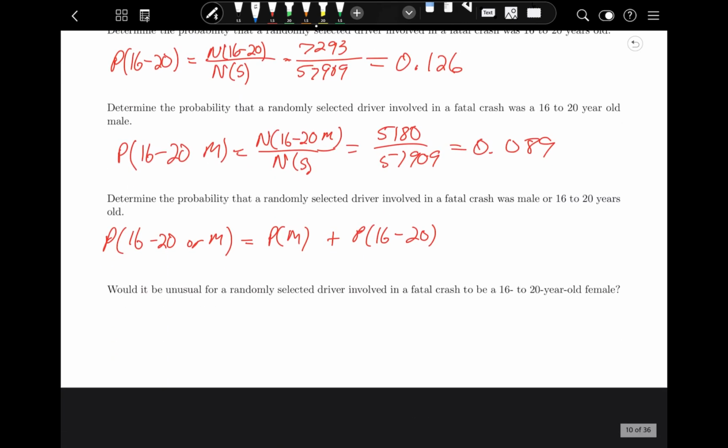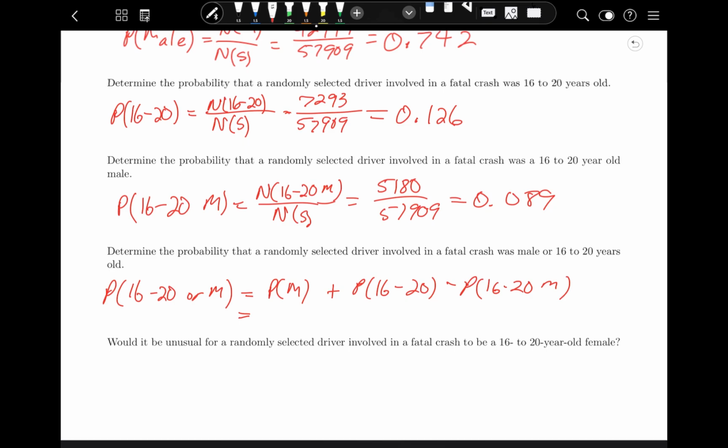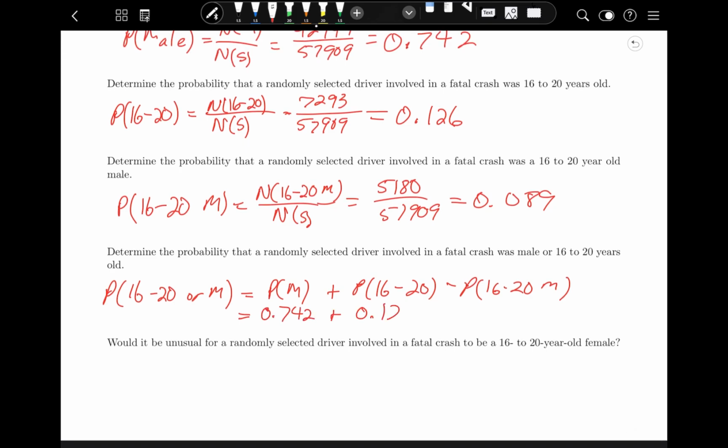So what I would need to do is subtract away that probability of 16 to 20-year-old male. So that would be 0.742 plus 0.126 minus 0.089. So that's 0.779.